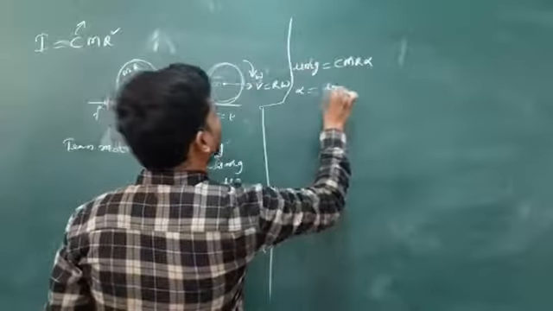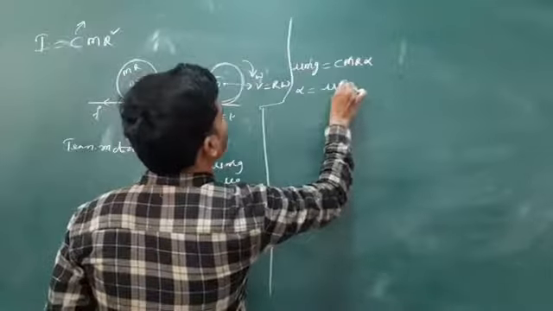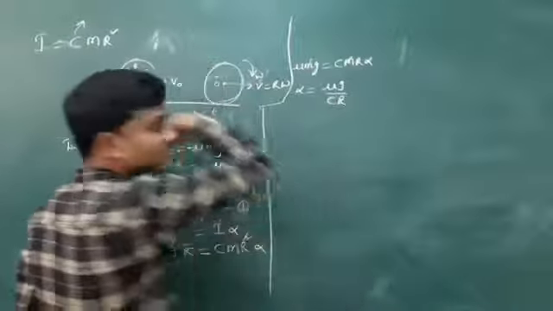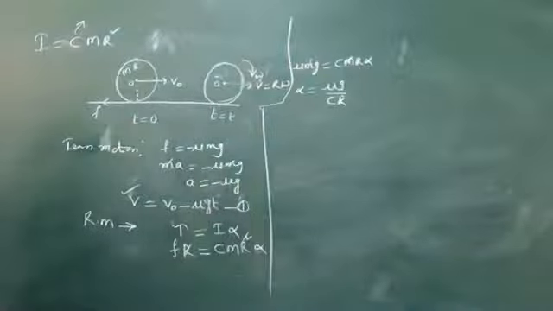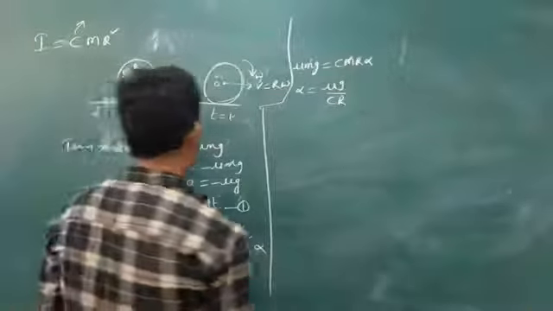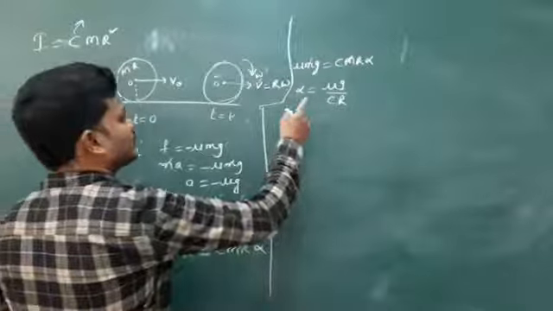Then alpha I got as mu g by C r. C is a constant. So alpha is mu g by C r.